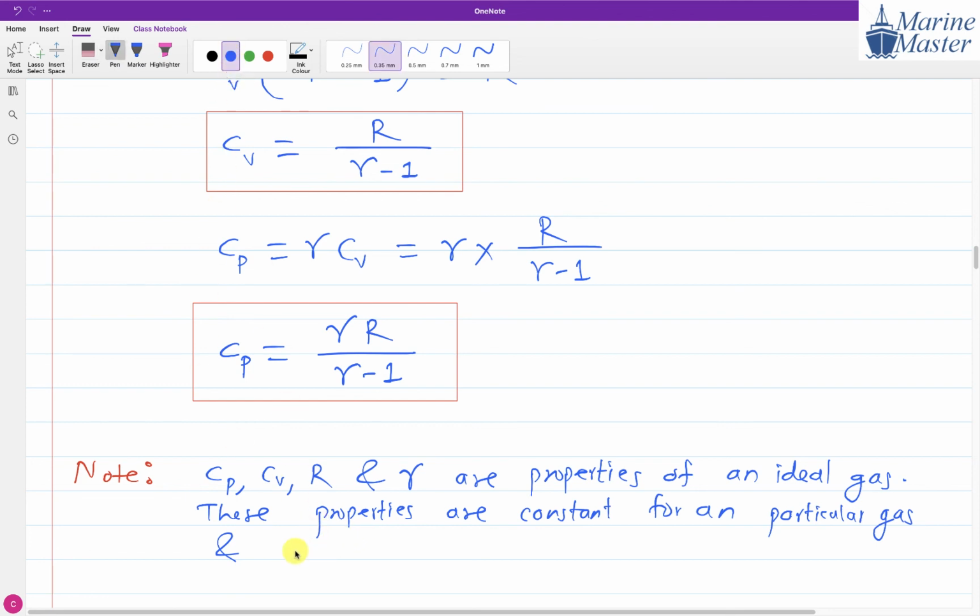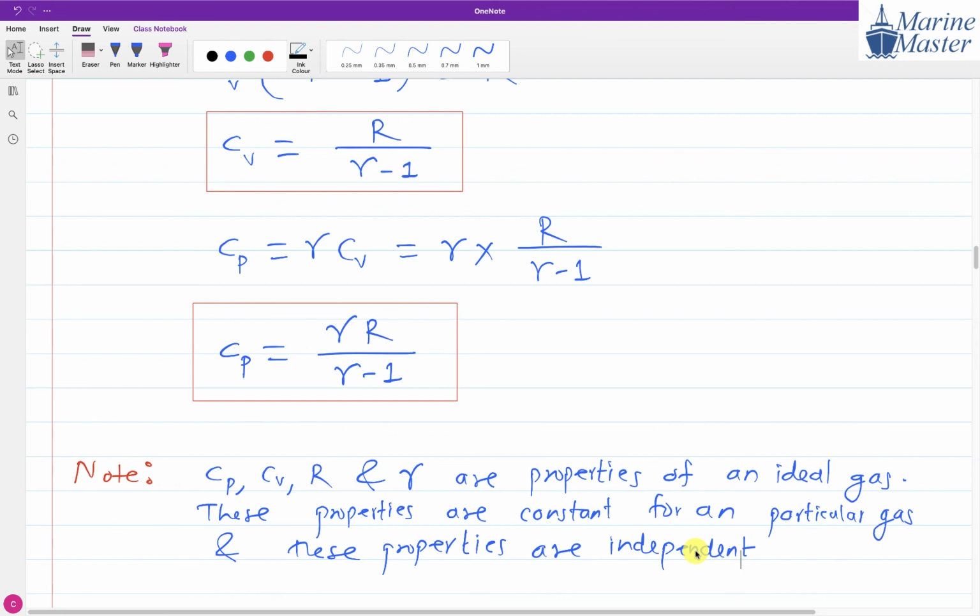You got the meaning of these properties being independent of the process. Whatever may be the process, in this chapter we are going to deal with 5 processes: first, constant volume; second, constant pressure; third, constant temperature; fourth, constant entropy; and fifth, polytropic process.